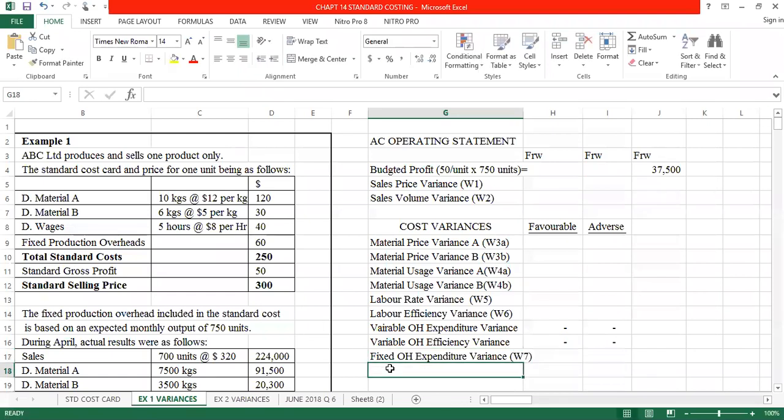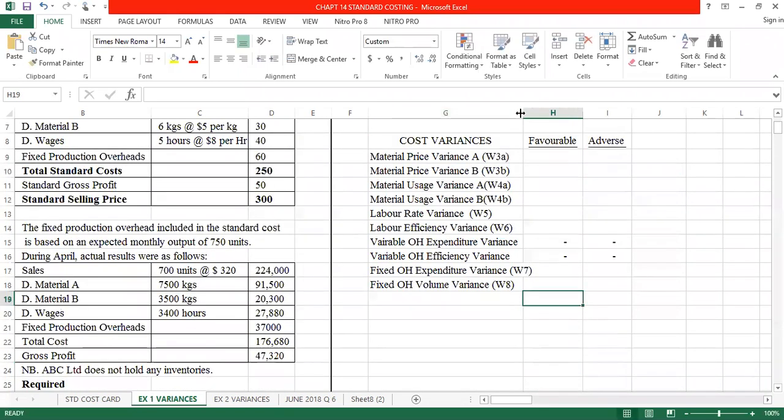Next, fixed overhead volume variance. Always picture this format, working 8. So we have all the variances that we need there.